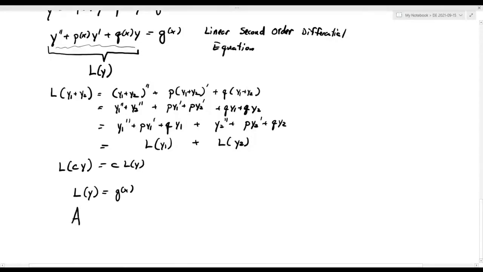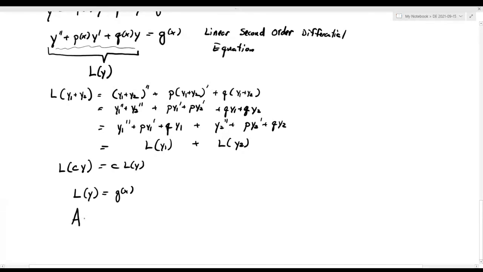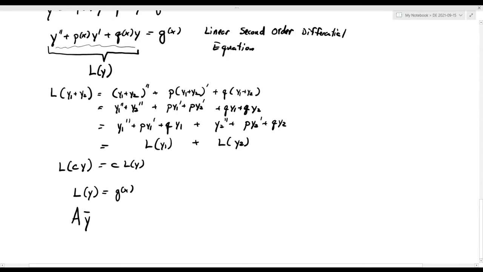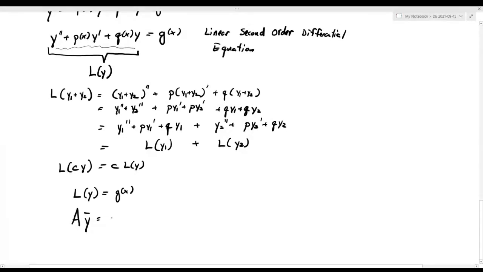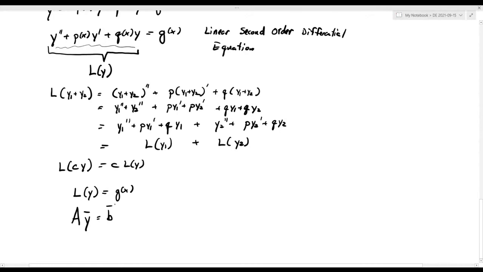This is analogous to the matrix, which represents a linear operator, times a vector, let's call it y bar, not a function, but a vector of coordinates, equal to the right-hand side, let's call it b. So it's analogous to linear algebra.